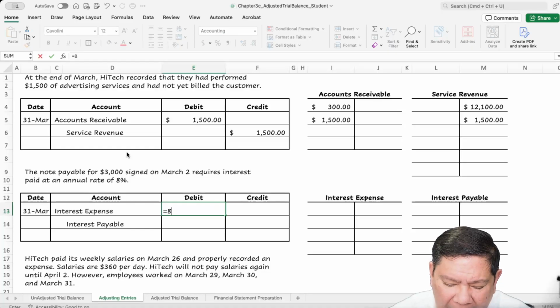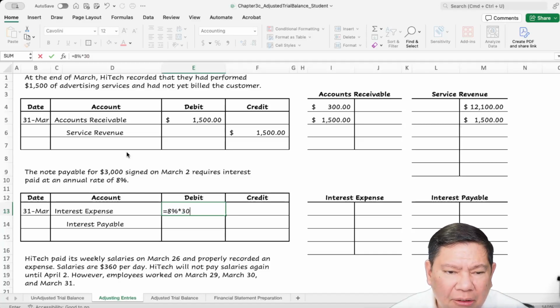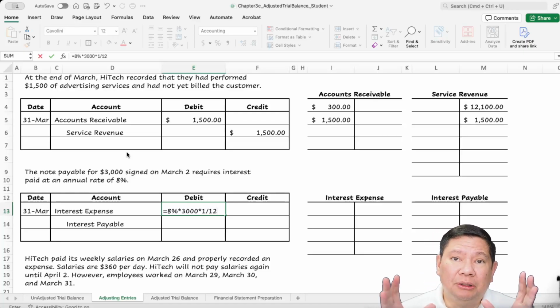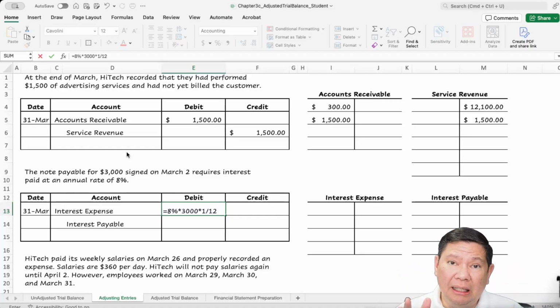Well, it's 8% per year times $3,000 that we borrowed times 1 month out of 12 months, because 8% is for 12 months, and we're dealing only with March, which is 1 month, so we multiply by 1 over 12.